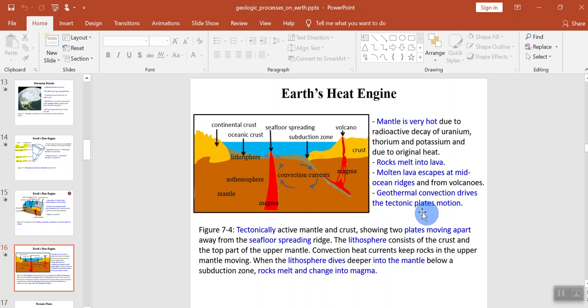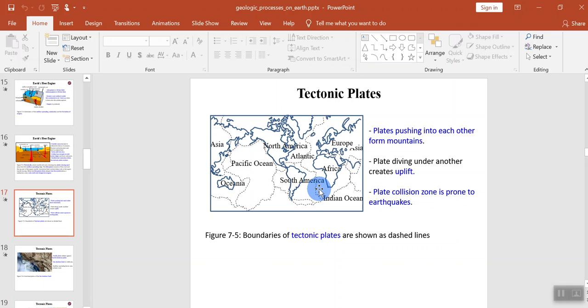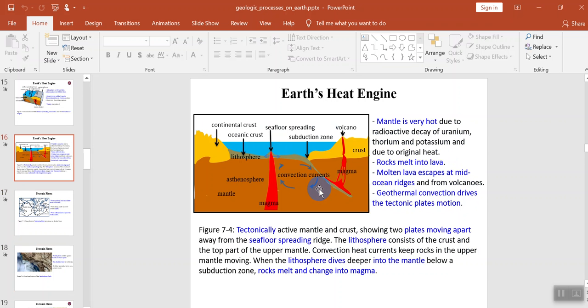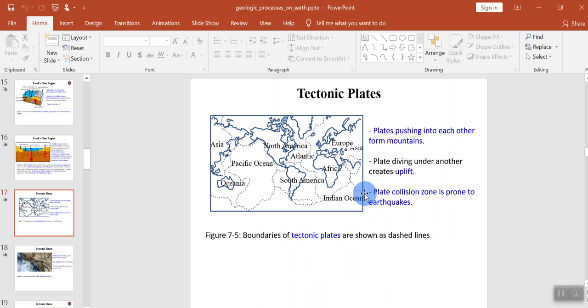All right. So we said that mid-ocean ridge, right here, I think in one or two slides it will become clear. Mid-ocean ridge spreads apart, ocean crust, continental crust, and so on. Okay, some of the plates are shown here.